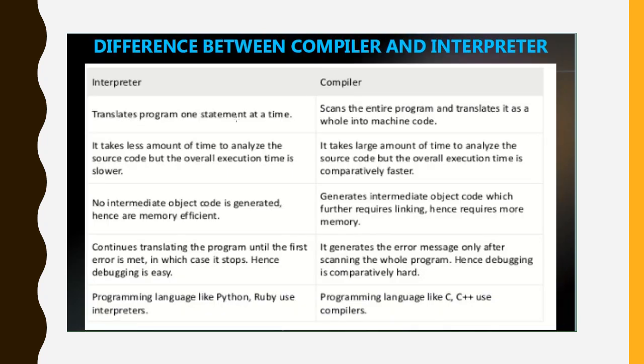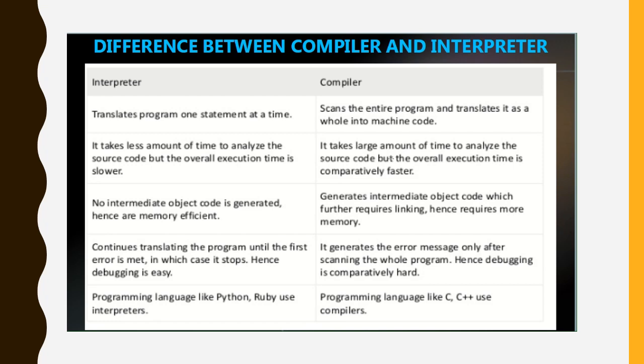Next difference between the compiler and interpreter. An interpreter translates a program one statement at a time. It takes less time to analyze the source code, but the overall execution time is slower because it translates one statement at a time. That's why the execution time is what? Slow. A compiler scans the entire program and translates it as a whole into machine code. It takes a large amount of time to analyze the source code, but the overall execution time is comparatively faster. Why comparatively faster? Because it goes all together.